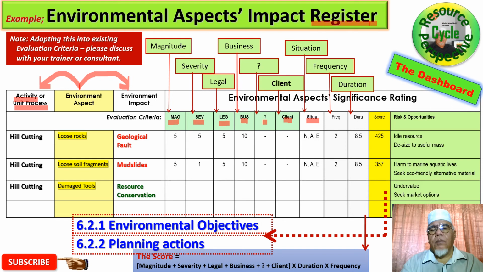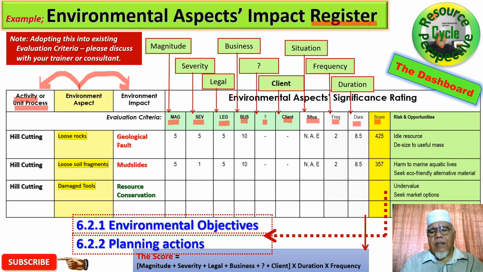I think you know about normal, abnormal, and emergency, the frequency, the duration, and eventually the score. From the score, we will determine ourselves which level of score is significant, which is less.